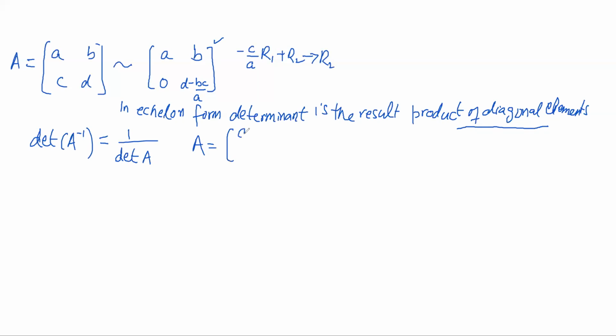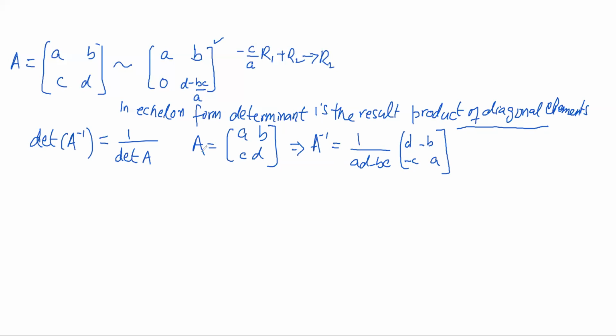If A is A, B, C, D for a 2 by 2 matrix, we know that its inverse is 1 over AD minus BC times D, minus B, minus C, A. So for a 2 by 2 matrix, its inverse can be written like this.